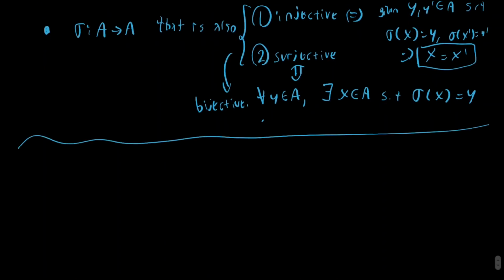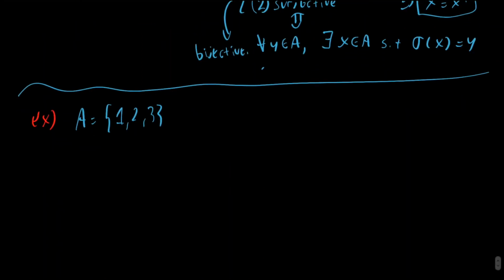Let's now give some examples. If we have a set 1, 2, 3 that we can call A, we can give some examples of permutations. One such permutation could be 2, 3, 1, where we mapped 1 to 2, 2 to 3, and 3 to 1.